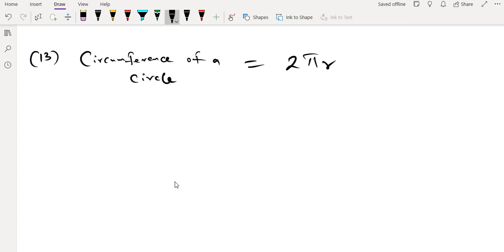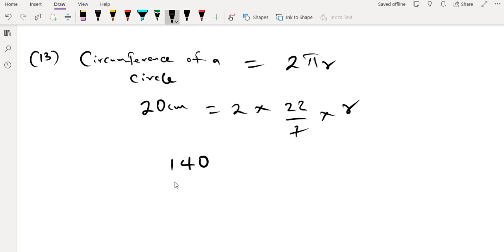So we're given the circumference and we're looking for the radius. The circumference is what? 2, what is pi? 22 over 7. Cross multiply. 140. You know I don't like what I just did.